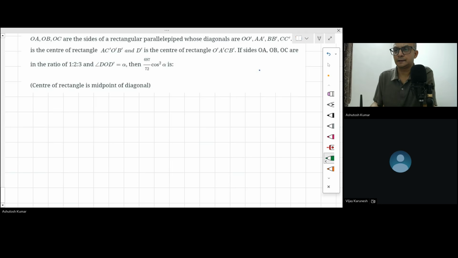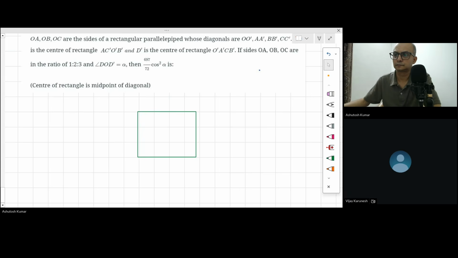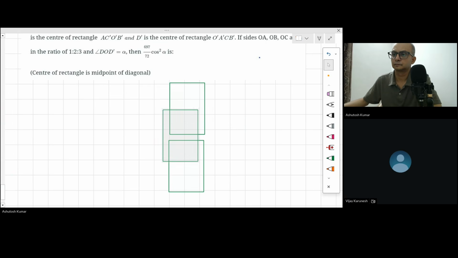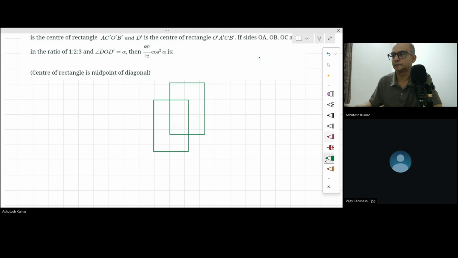So what we can think here is that there is a rectangular parallelepiped. It's like this. Somewhat like this.